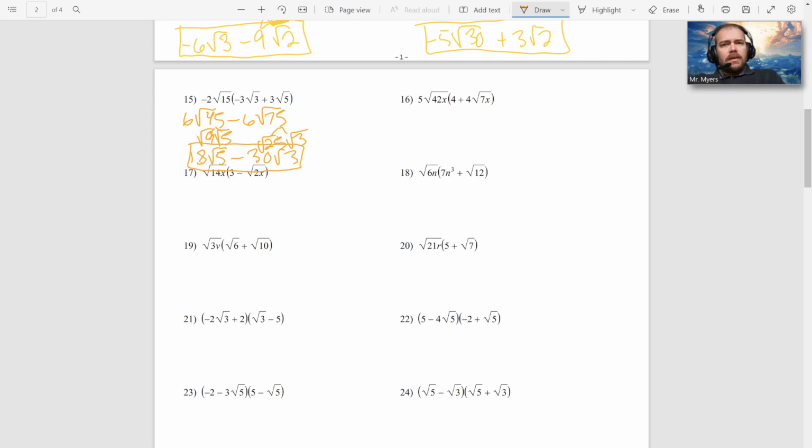Okay, cool. So then here, same thing again. 5 times 4, one step at a time. 5 times 4, that's 20. Root 42x. And then 5 times 4 is 20. Root 7x. And notice I'm putting a little backsplash, a little wall on the back side of that radical. That doesn't mean anything special. It's just a way to show that the radical ends right here.